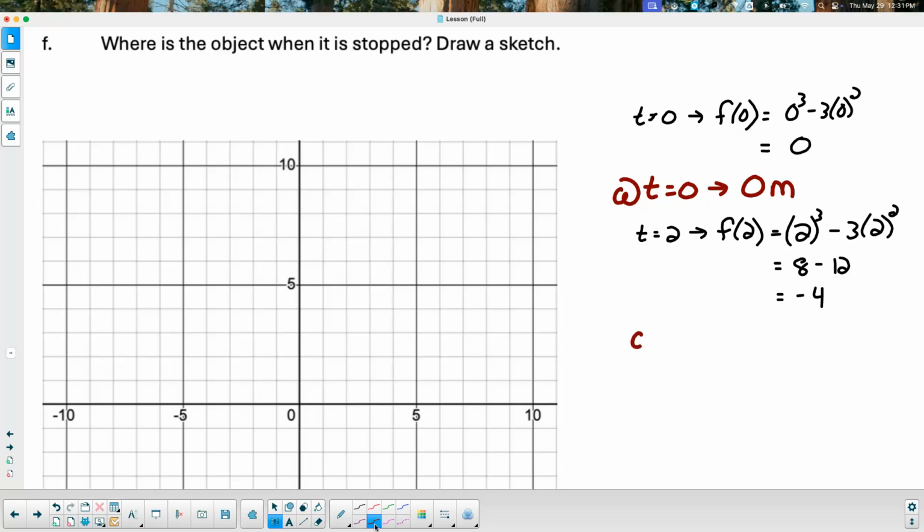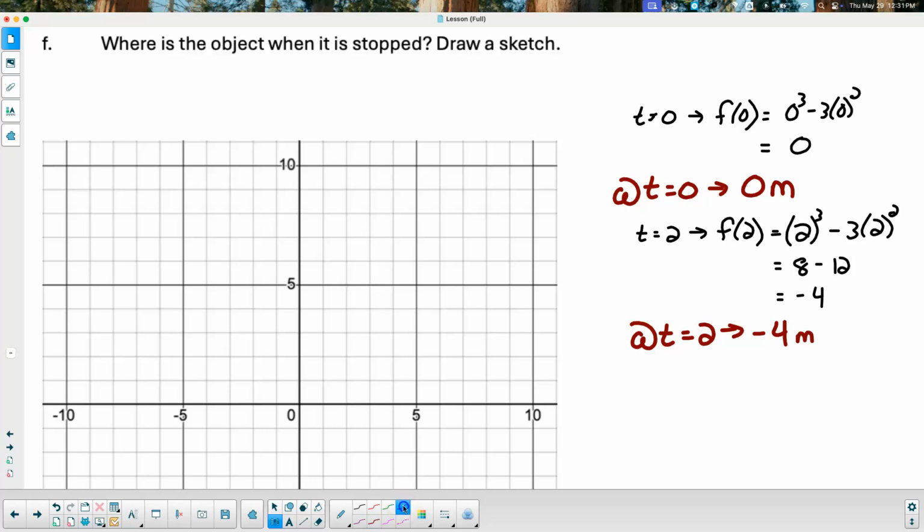So at t equals 2, we are at negative 4 meters away. Okay? That's the algebraic method. We found when it stopped by setting our IRoC equal to 0. Then we plug those values into our function to figure out where it stopped. Okay? The second method is graphically.